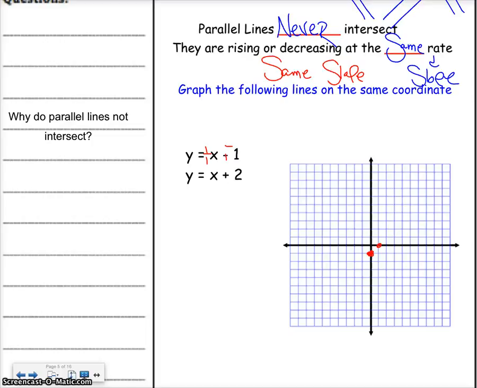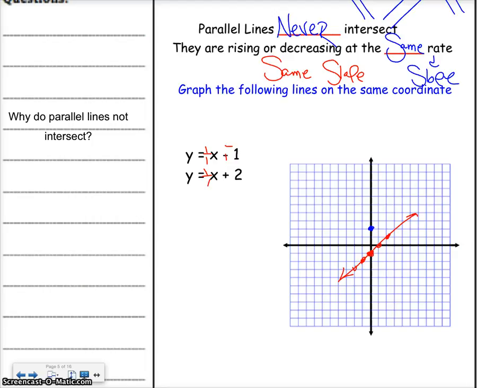Up 1 over, other way, down 1 over. Parallel? I don't know it's parallel yet, but I bet you it is because they have the same slope, which means they are increasing and decreasing at the same rate. And rate means slope.